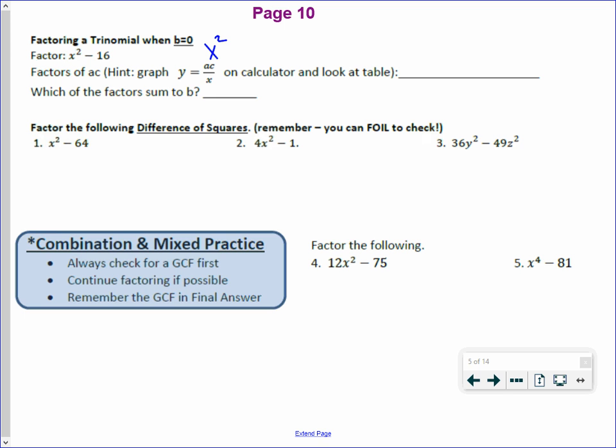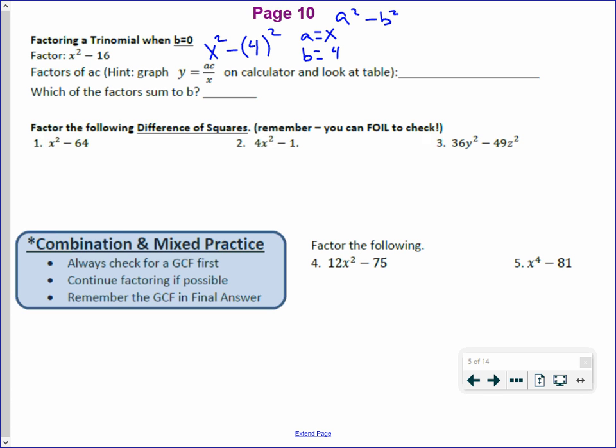So I'll rewrite x squared minus 16 as x squared minus 4 squared. Now this is very similar to what we saw in the last slide, a squared minus b squared, right? If we compare the two, we can set our a to be equal to x and our b to be equal to 4.